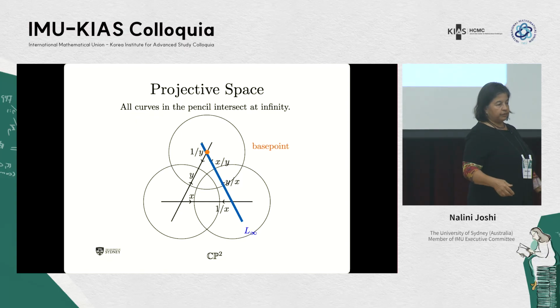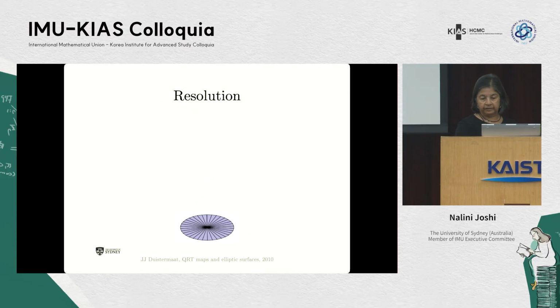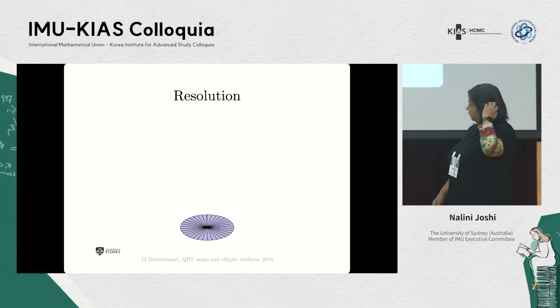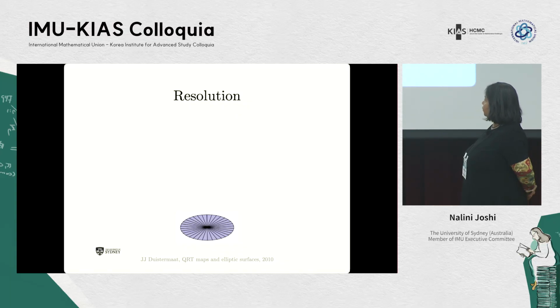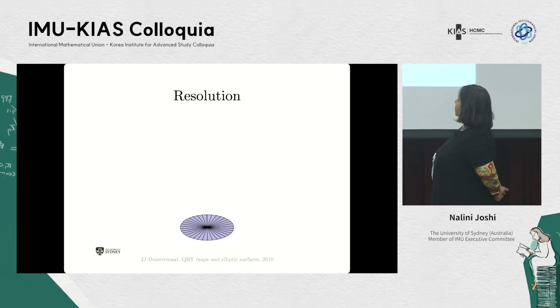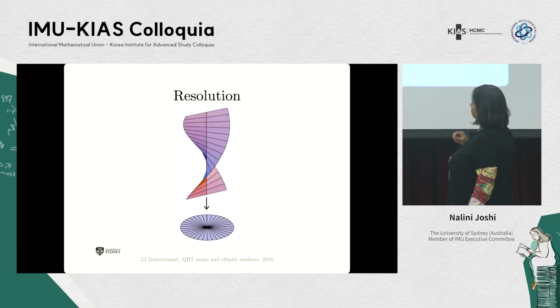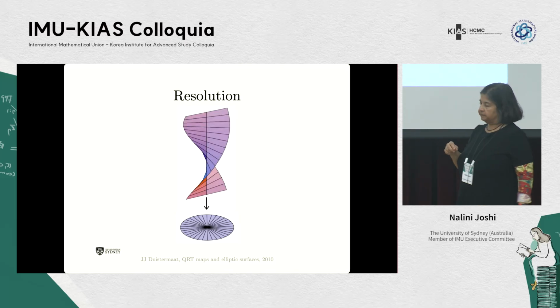The way to do it is, of course, resolution of singularities, or blowing up. And this is a nice picture from Dijkstermat's book on QRT maps. Basically, you take each line and you pull it up onto this new line that replaces the problematic point. By doing so, we allow ourselves to continue the dynamics of each solution through a pole of the original P function.